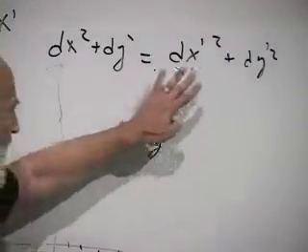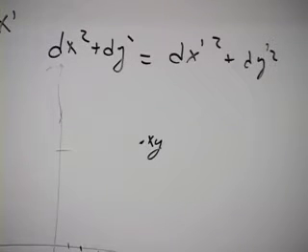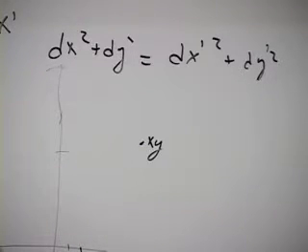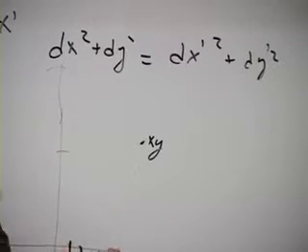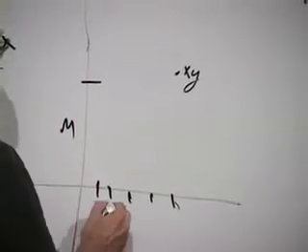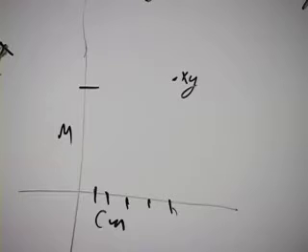It is not dx squared plus dy squared. Why not? Because you're measuring the interval in different units. Let me use centimeters and meters. I don't like factors of 12 and factors of 144. Factors of 10 are easier.